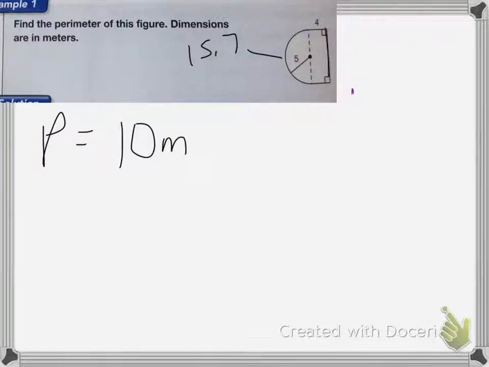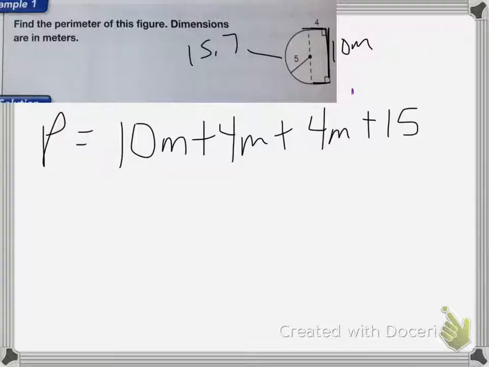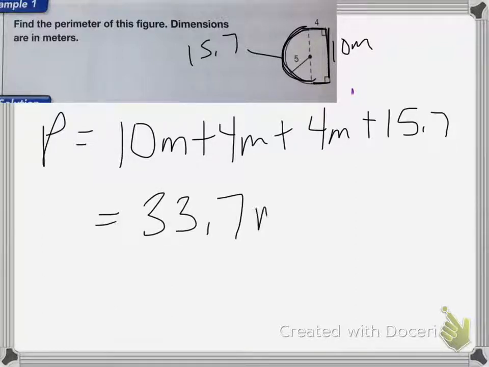That's going to be the length of this side here, because that's going to be the same as the diameter, plus 4 meters here, plus another 4 meters down at the bottom, plus the 15.7 that we found for the circumference of the semicircle. Okay, and that's going to equal 33.7 meters.